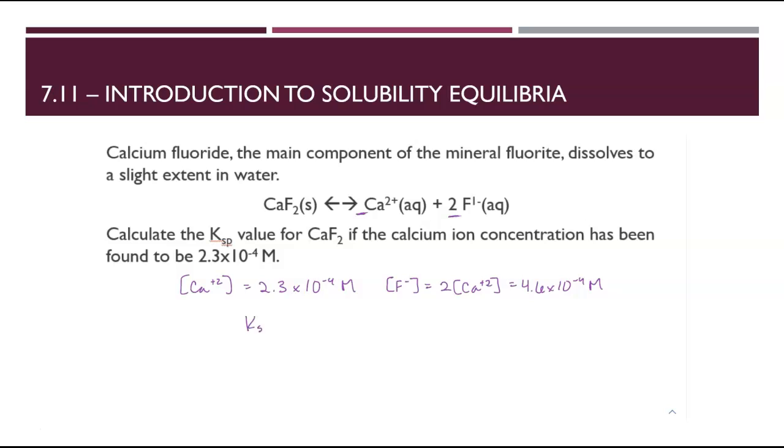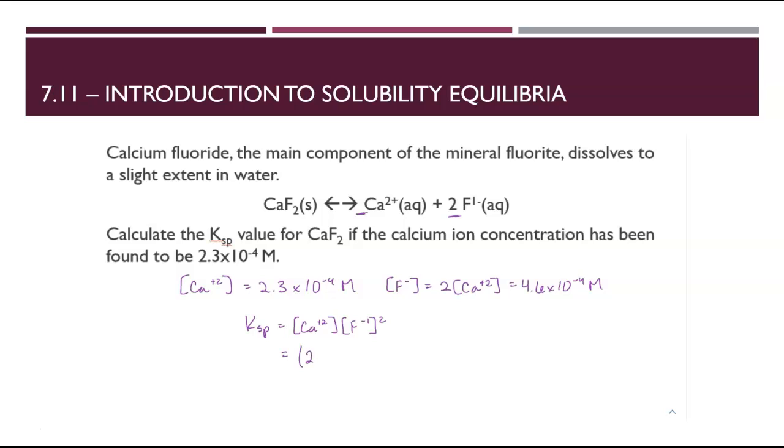Now, our KSP expression is going to include just the ions, because our equilibrium never includes solids. The only reactant we have is a solid, so it's just going to be our products. It's the concentration of calcium ion times the concentration of fluoride ion squared, because of the coefficient of 2.